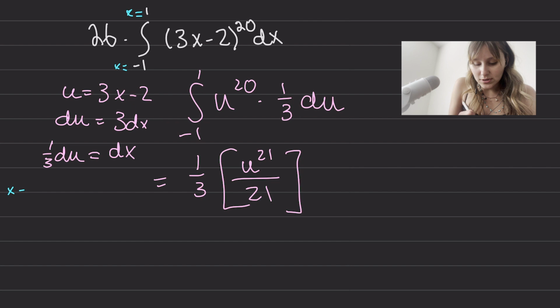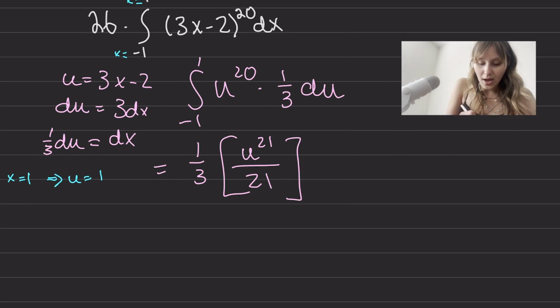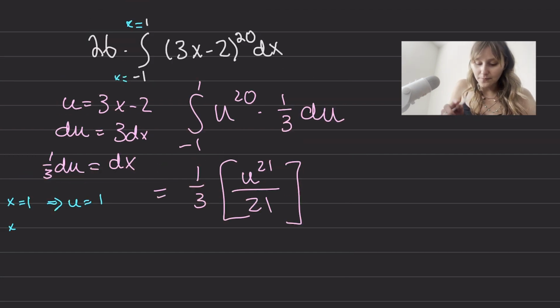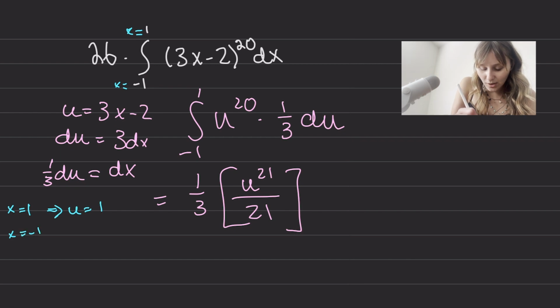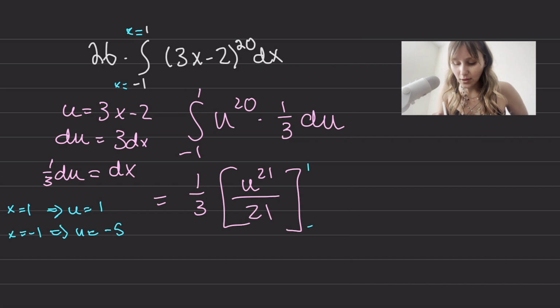When x is equal to 1, we have u being equal to 3 times 1 minus 2, which is 1. When x is equal to minus 1, we have u equal to minus 3 minus 2, which is minus 5. That's a little messy, right? So then these are our new limits.